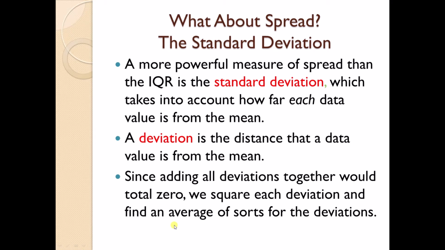So, standard deviation is probably considered a more powerful measure of spread than IQR, mainly because it takes into account how far each data value is from the mean. Actually, if you want a quick definition, standard deviation is the average of the spread each data value has from the mean of the data set.